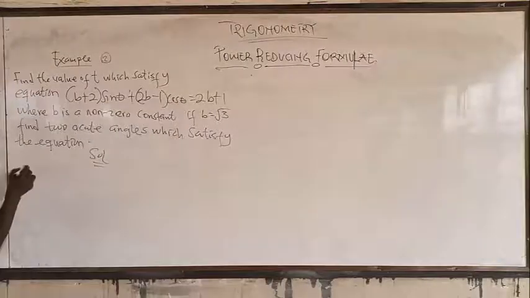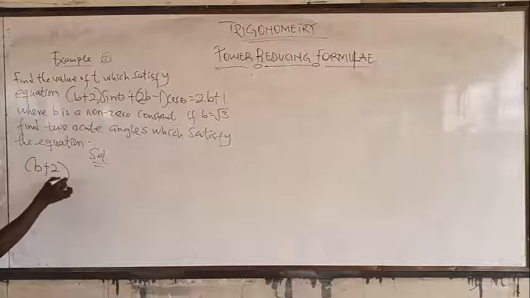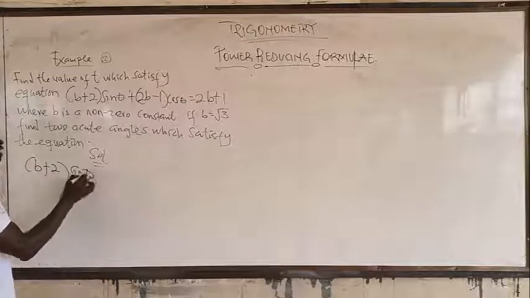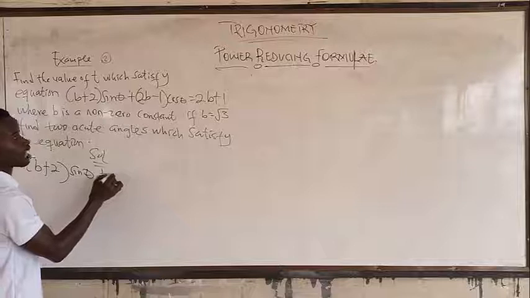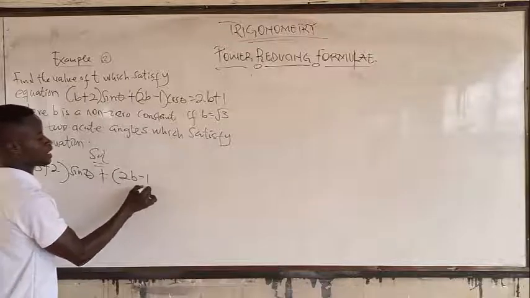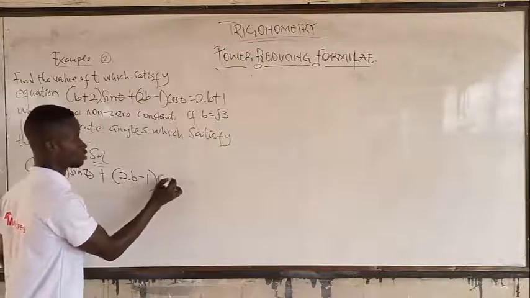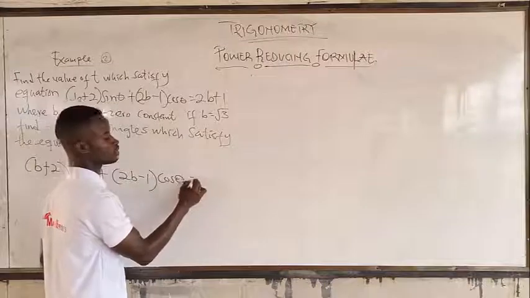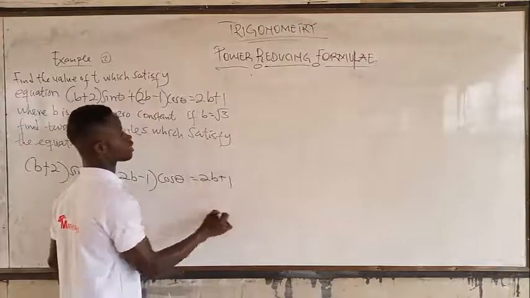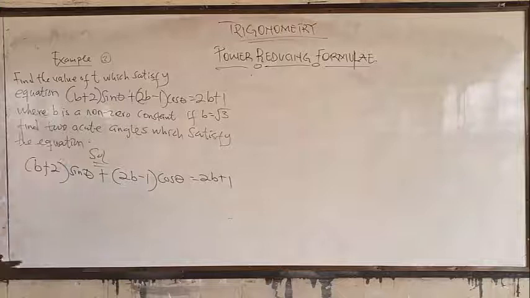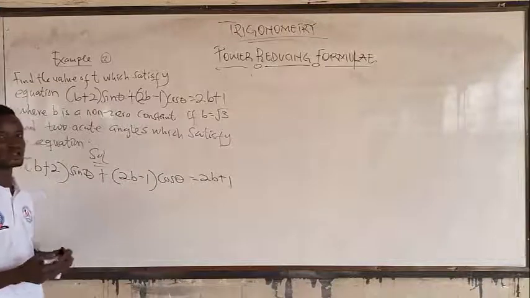The first thing to do, we know that we have (b + 2) sin theta + (2b - 1) cos theta = 2b + 1. Then we replace our formula for sine theta and cos theta.